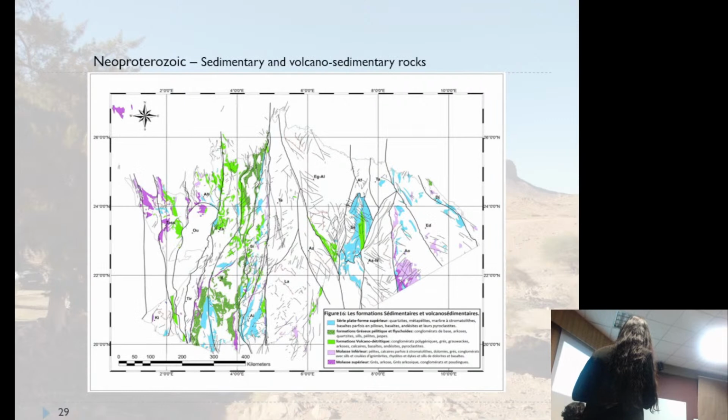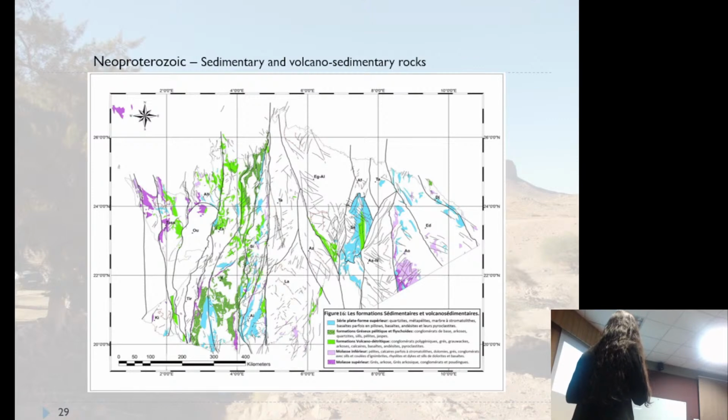Right, okay. Now the Neoproterozoic sedimentary and volcano-sedimentary rocks. I'm sorry, on my screen it was much clearer than here. I can't read it. But this is the main, what they defined as sedimentary and volcano-sedimentary rocks of the Neoproterozoic.